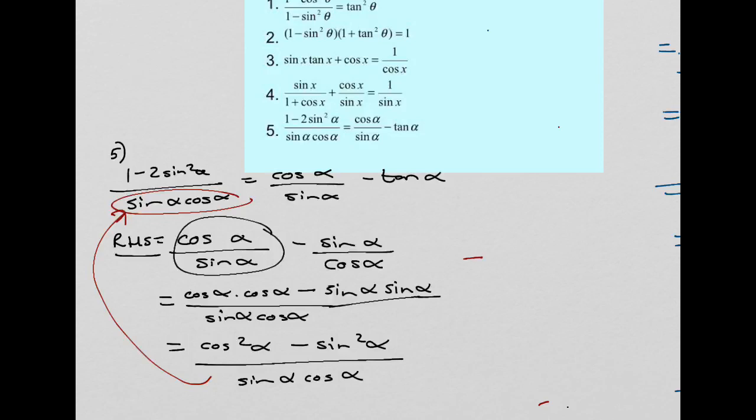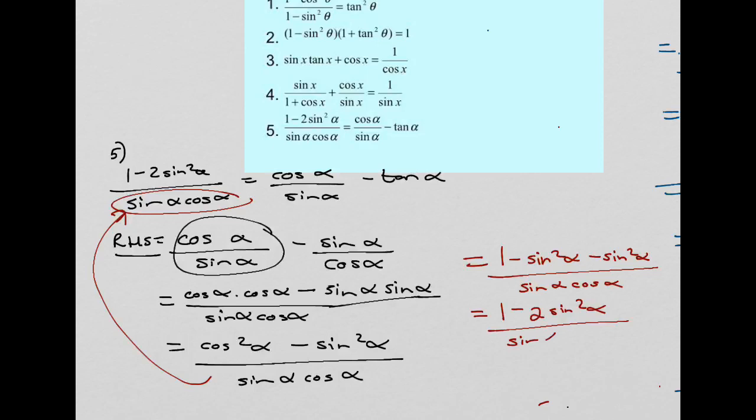So instead of cos squared, it's going to be 1 minus sine squared alpha minus the sine squared alpha that's there, all over my denominator. So this means we've got negative sine squared alpha minus another 1. So that's negative 2 all over our denominator, and that is our left-hand side.